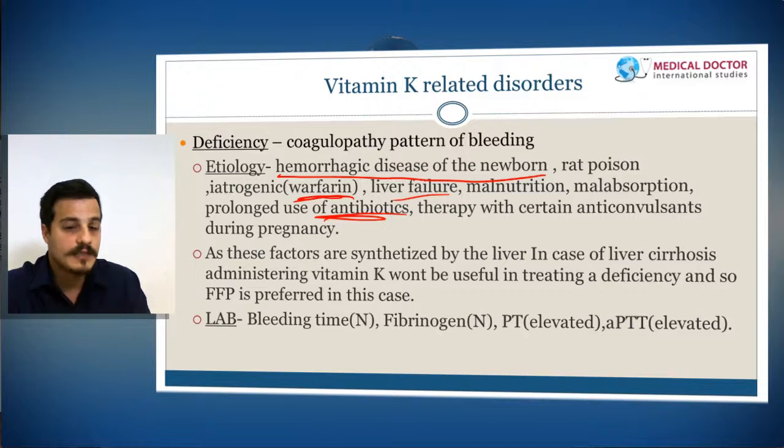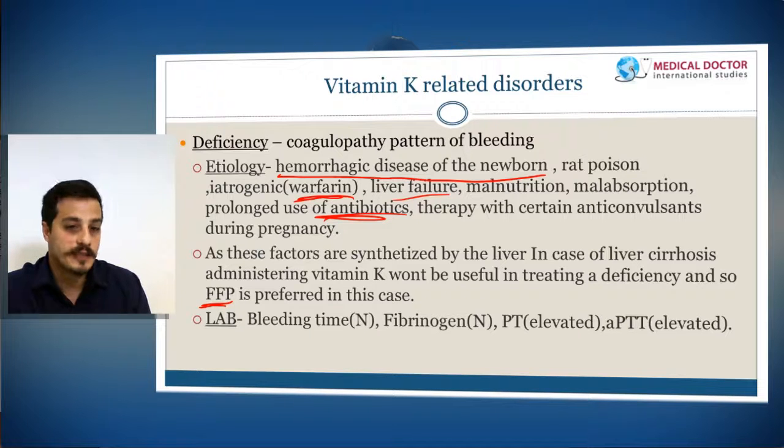Now, because these factors are synthesized by the liver, in case of liver cirrhosis or severe hepatic failure, administering vitamin K won't be very useful in the treatment since we need a functional liver for the activity of vitamin K. And in that instance, we actually would prefer the use of fresh frozen plasma.